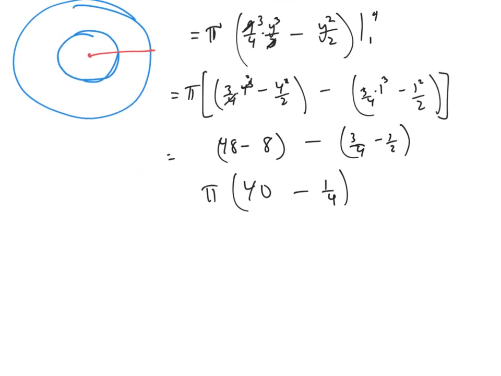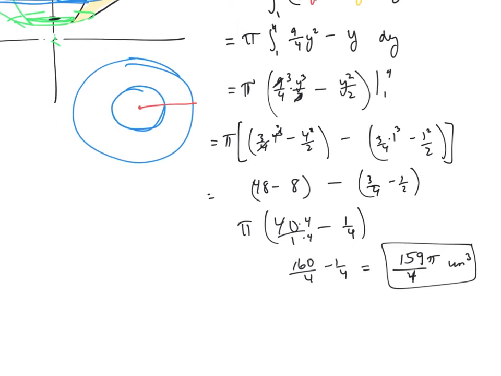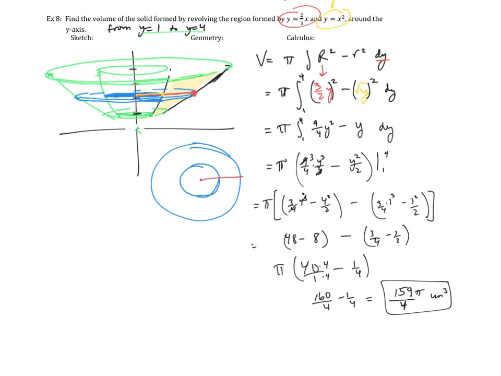So 40 minus 1/4, I guess I'll put that over 4. So times 4 and times 4 is 160 over 4 minus 1 over 4 gives me 159 pi over 4 units cubed. Oh, that was some fun calculus.